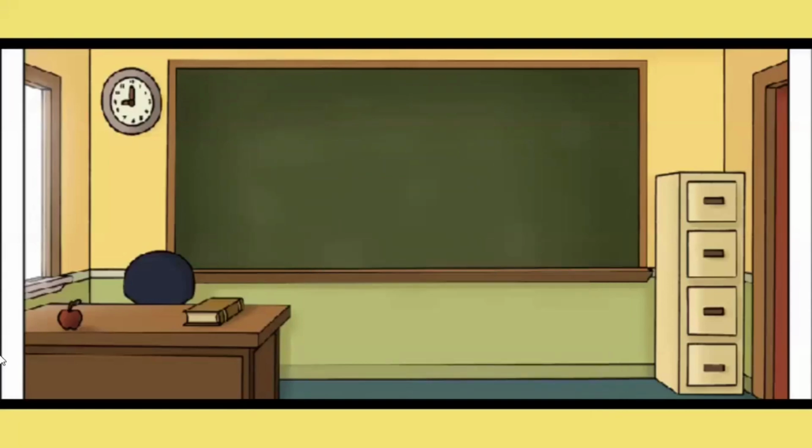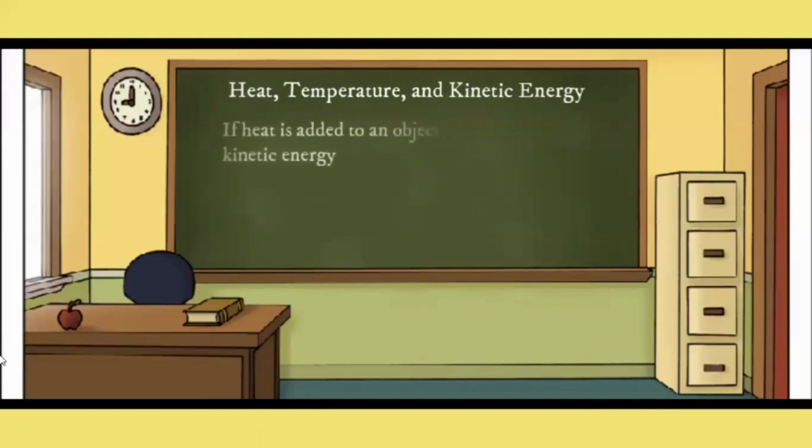And now let us determine the relationship between heat, temperature, and kinetic energy. If heat is added to an object, its particles gain kinetic energy and move faster, which causes the temperature to increase.